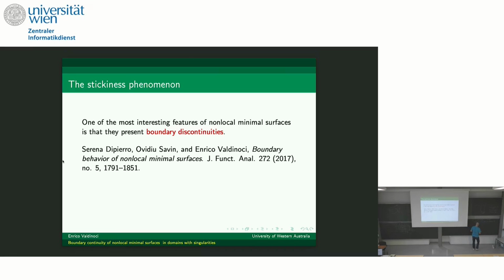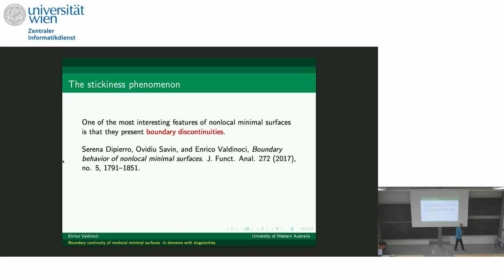A better explanation for me is the probabilistic interpretation. So you may think that harmonicity is the analytical counterpart of the game theory interpretation that you are drifting randomly across a domain, and when you exit the domain, you get a price that is prescribed outside, right? And then the solution of the corresponding harmonic equation is the expected value that you win if you start at the point x.